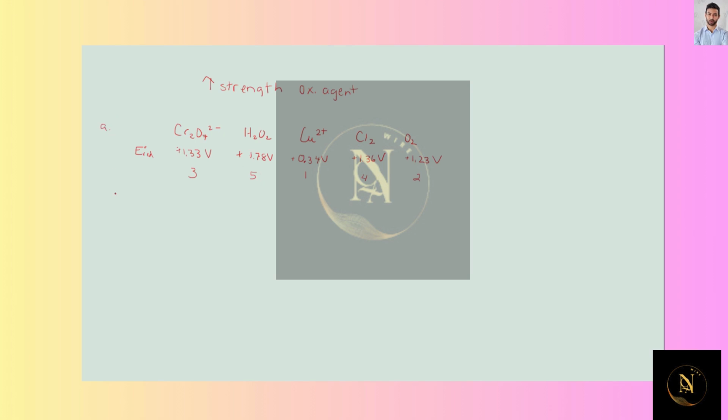Right, that's part A. In part B, we are to arrange the given substances in order of increasing strength as reducing agents. Okay, so this time we're looking at increasing strength as reducing agents. So again, first off, let me go ahead and write out the substances that we're looking at here.